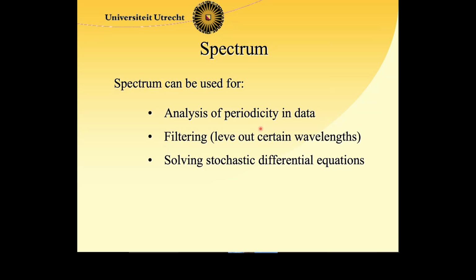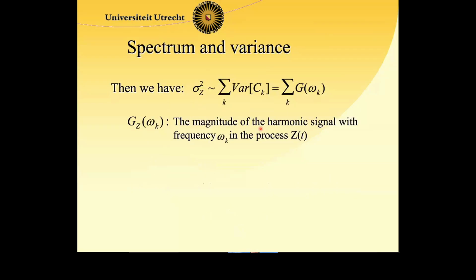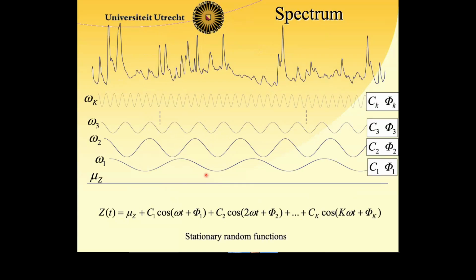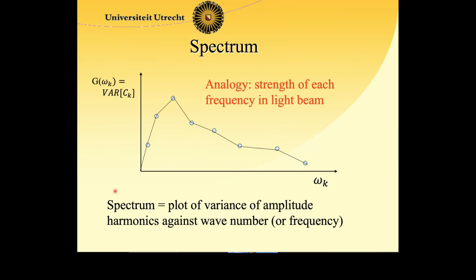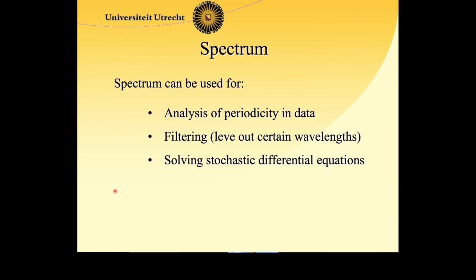If you decompose a signal into its random harmonics, and one of those harmonics is very prominent, maybe the yearly periodicity, you can take it out and add up the remaining stochastic harmonics, and you end up with a stationary random process where the periodicity is filtered out. That's one way.